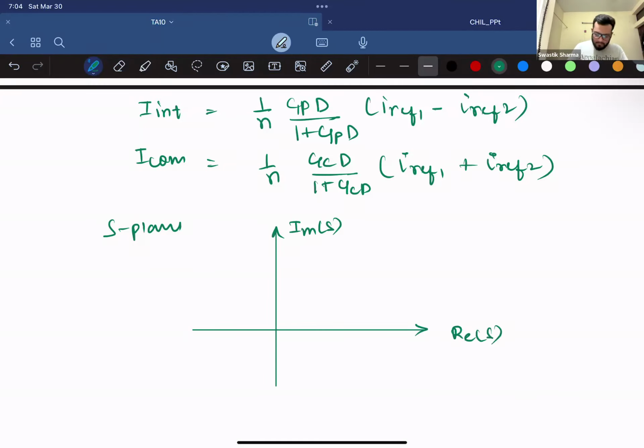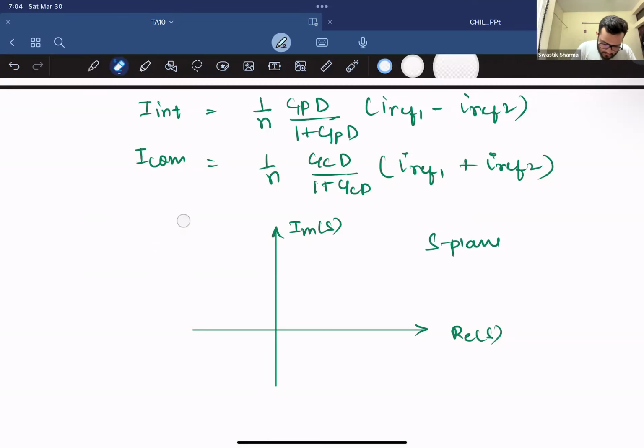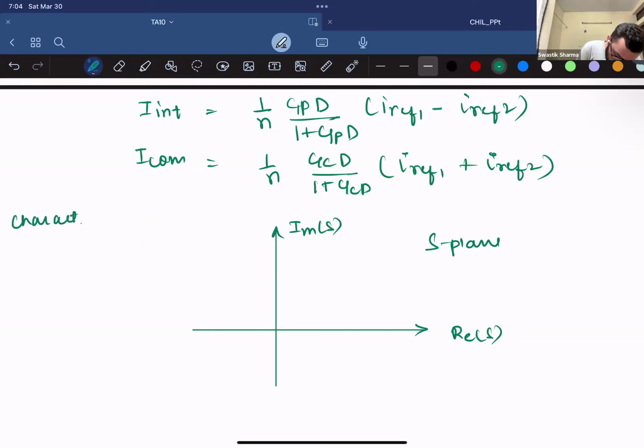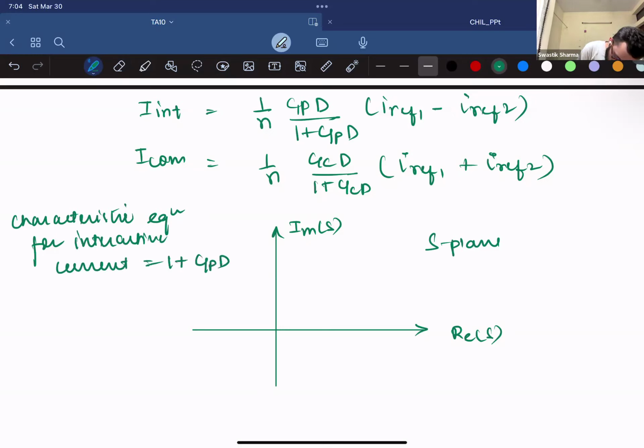So you check your characteristic equation: for interactive current it is 1 plus Gp d, and for common current 1 plus Gc d.